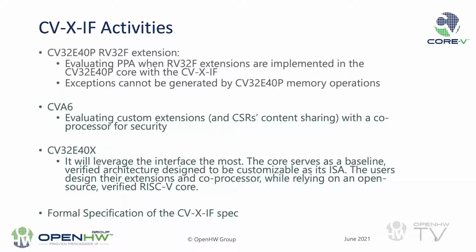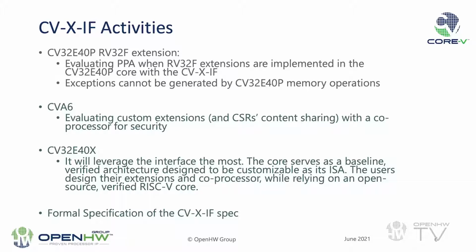This is not just a theoretical activity that we are doing. We're actually verifying the CVXIF interface in the RTLs that we have. So we are using the already verified CV32E40P core to leverage the CVX interface to compute single precision floating point extensions.